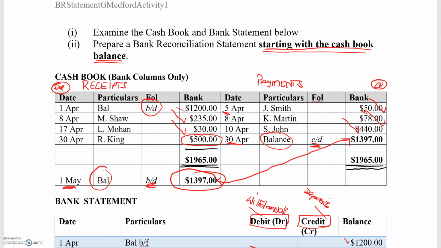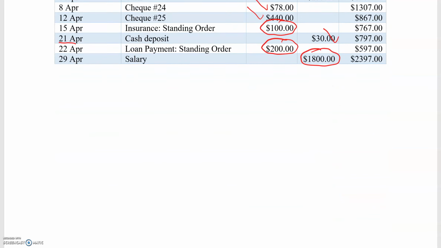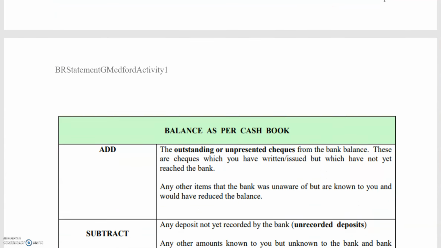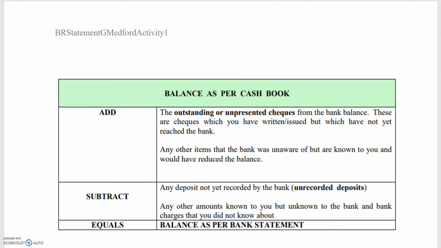So looking at the formula, let's see if in part 4 of the series, we can reconcile the balance as per cash book with the balance as per bank statement.